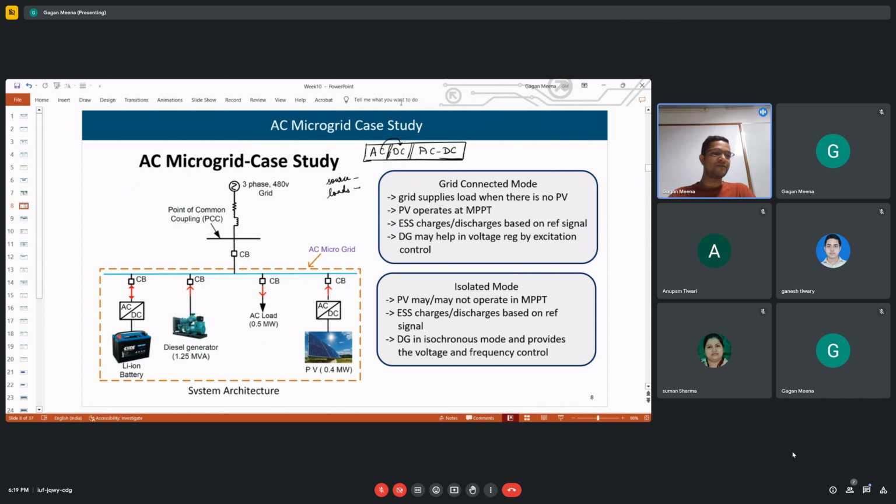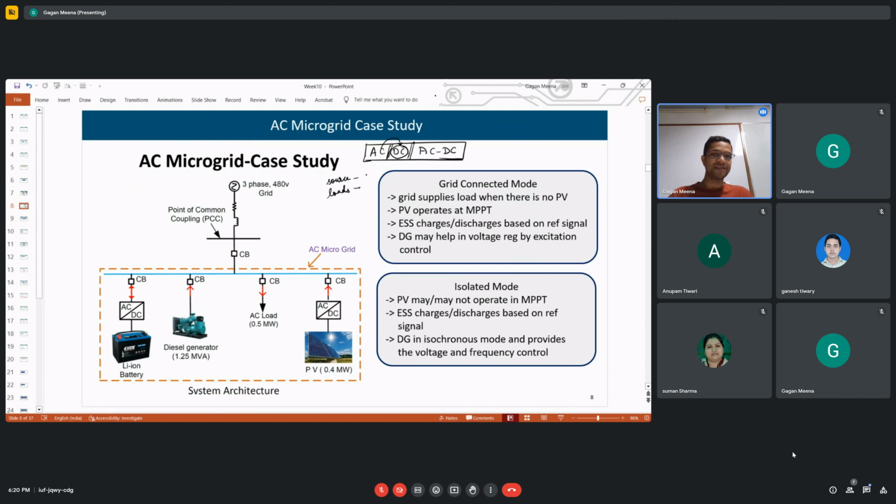So the most practical thing is that we cannot have a completely DC microgrid. The most practical thing is to have a hybrid AC/DC microgrid, so we can have AC and DC. That is why all these three case studies will be there. So where can we find DC microgrid application?